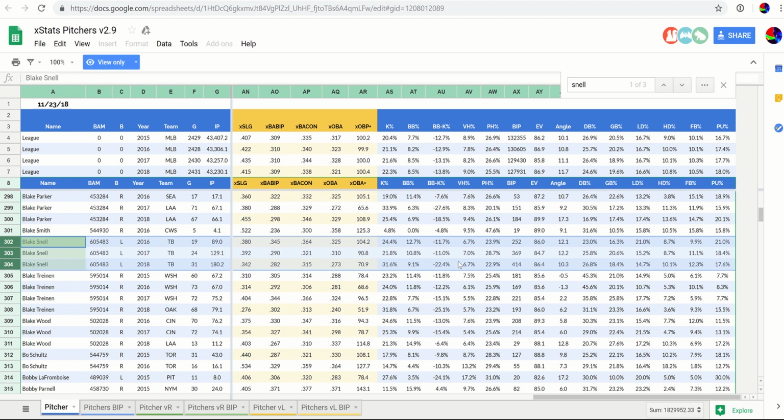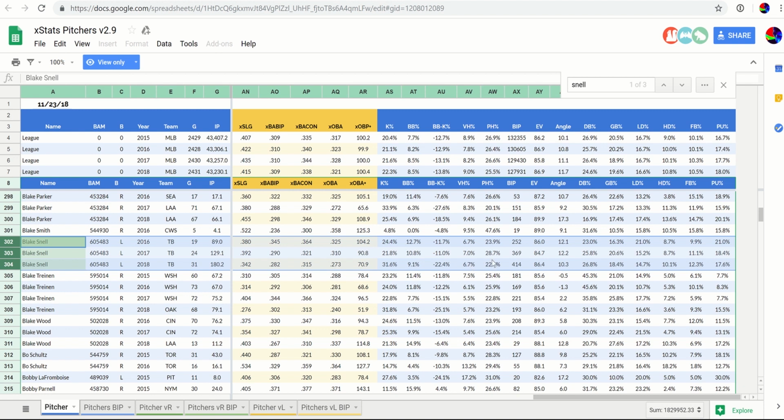Then when we look overall, we see that his poor hit percentage went down about 6%, and his value hit percentage also went down 0.3. So just by looking at these numbers, what this tells me is that Snell actually gave up a higher quality of batted ball last year, generally speaking, when we weigh both the value hits and the poor hits.